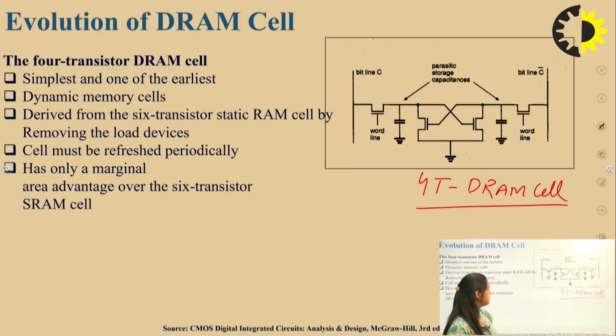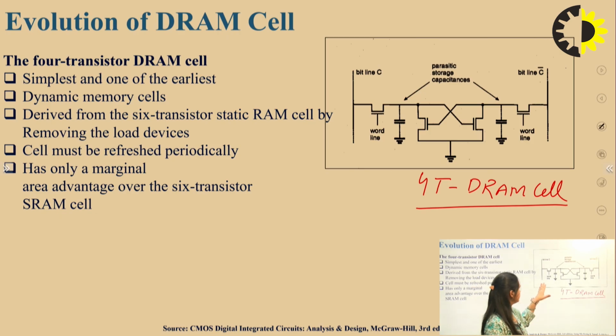In the typical organization of memory, there are some bit lines, and row lines and column lines. Here column lines are represented as bit lines, and row lines can be used for read and write operation.